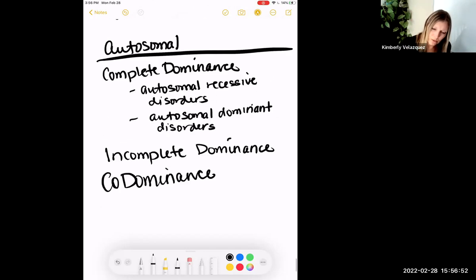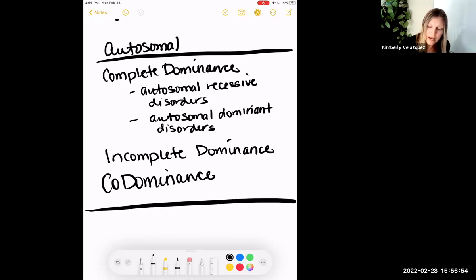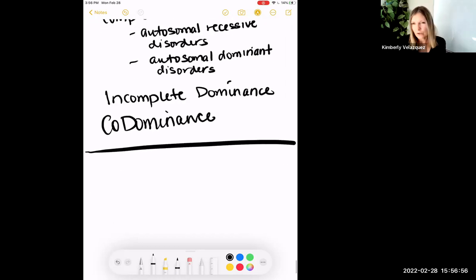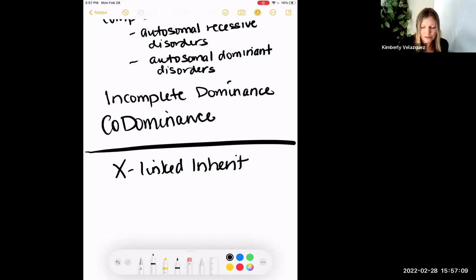Those were all autosomal. Now we're going to talk about that 23rd pair of chromosomes, and we're only going to talk about X inheritance, not Y. So we're going to talk about what's called X-linked inheritance. If a disorder is carried on the X chromosome, it's inherited differently in women than it is in men, different in males versus females.